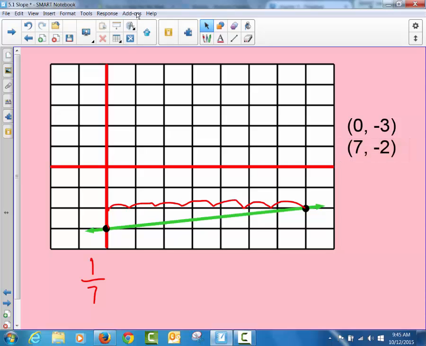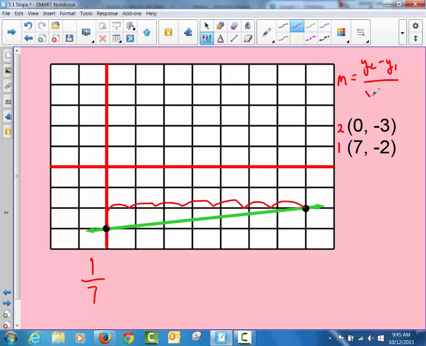All right, now let's use our formula to figure this out. This time this one will be 2 and this one will be 1. So remember, our formula is M equals y2 minus y1 over x2 minus x1.